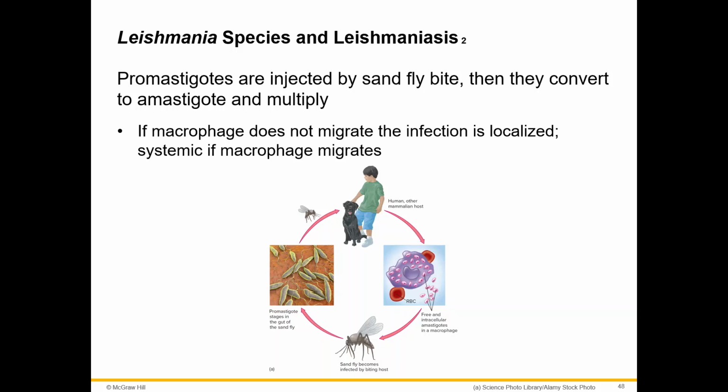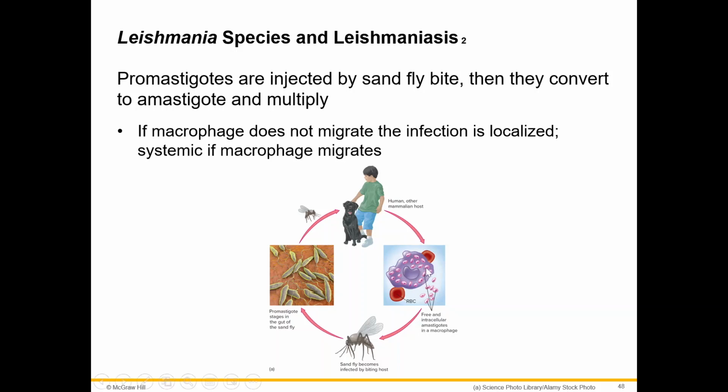Basically, if this macrophage is not migrating anywhere else throughout the body, we're gonna call this a localized infection, okay? And so it can become systemic if we get a macrophage going out into the bloodstream.